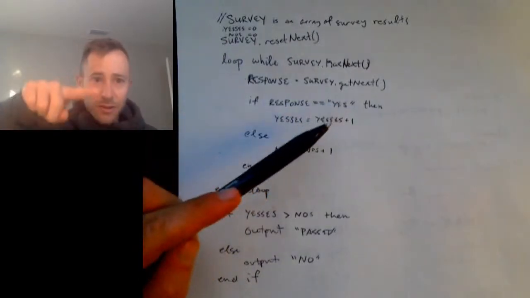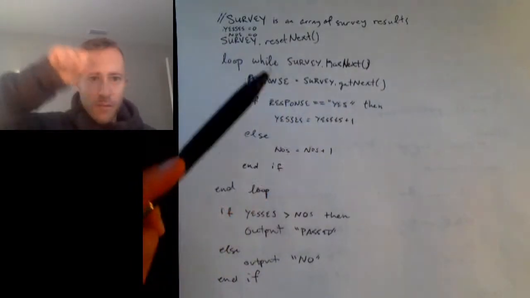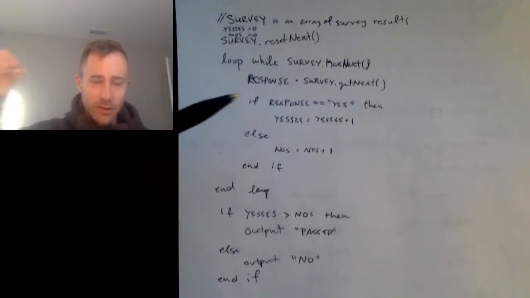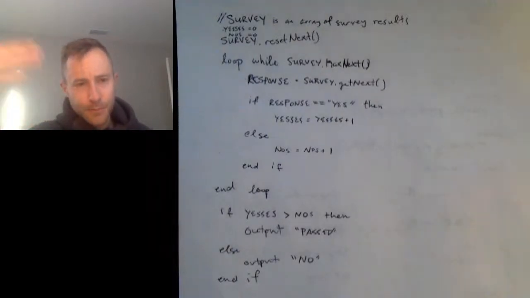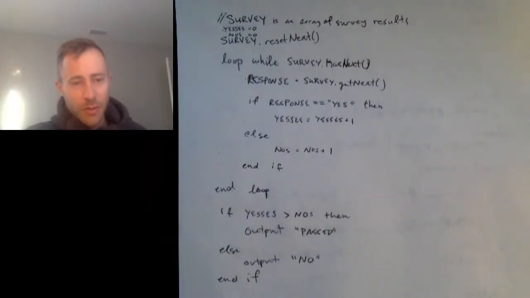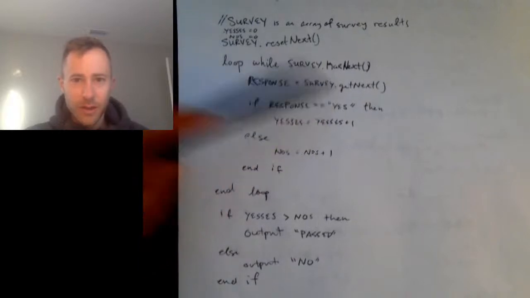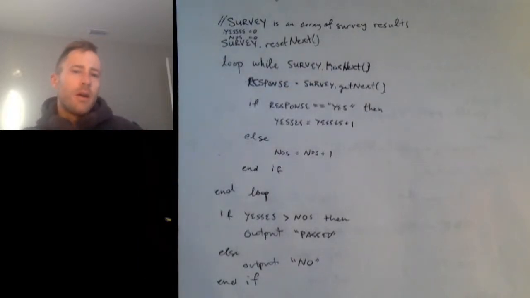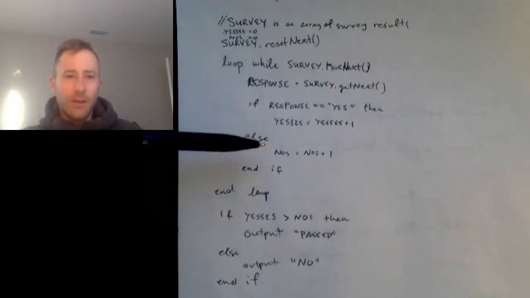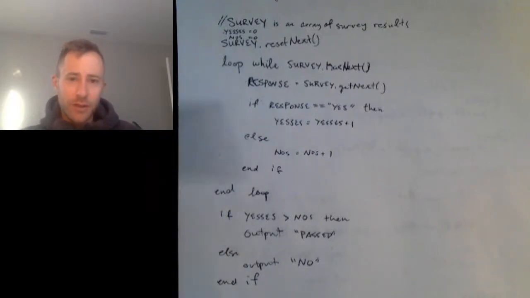getNext is going to automatically go from element to element. So it's not like a for loop in Java where you have to increment i each time in the loop. It's automatically doing that with getNext. So now I have yeses and no's in different amounts.